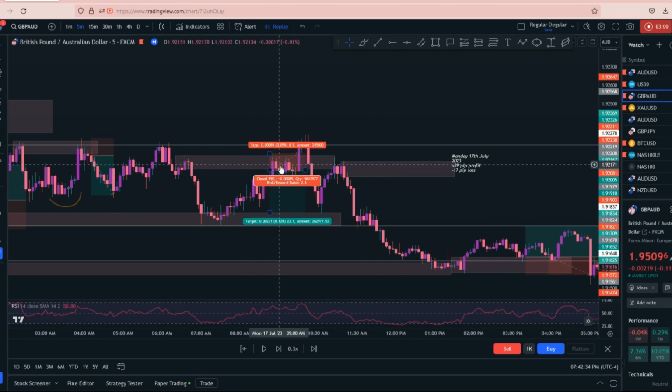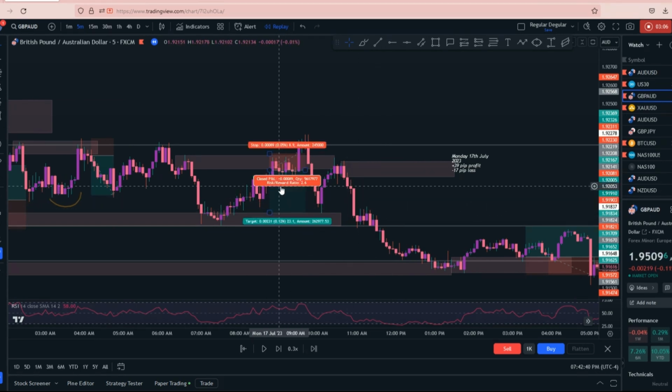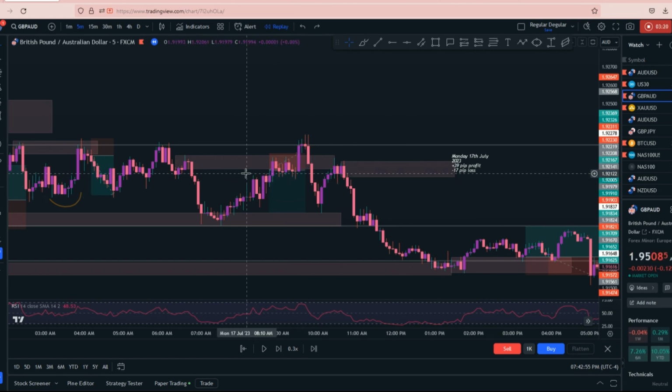Price made all the confirmations, all my confluences to get into this trade, but it still went the other way. That was an 8 pip move. Again, could have made my loss smaller, could have made it 7 pips. I mean, 1 pip, what's really the difference? But I should have known from the way that price was making those wicks to the downside.